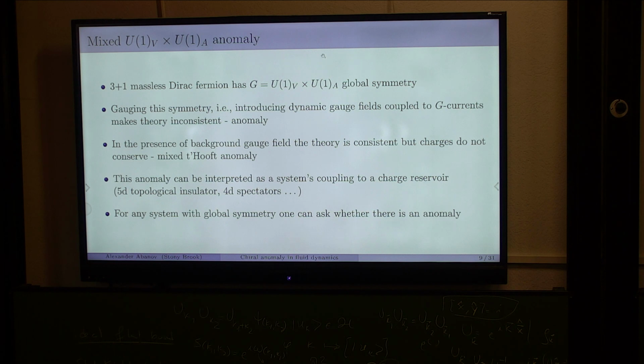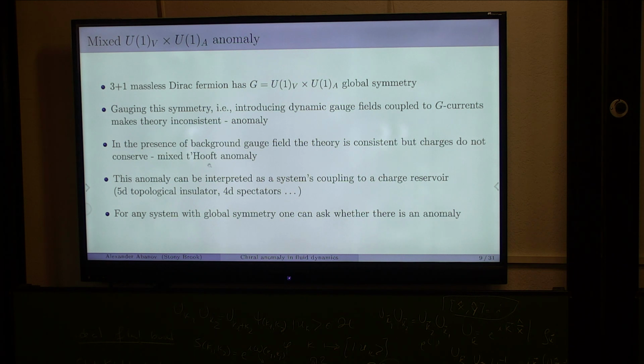So what we're actually dealing with is usually called a mixed U(1) cross U(1) anomaly, vector and axial, and gauging this symmetry, introducing dynamical gauge fields, has a problem in consistency. But if you just think of these gauge fields as background gauge fields, then there is no real problem with the theory, but the charges do not conserve, and that's usually called a mixed 't Hooft anomaly.